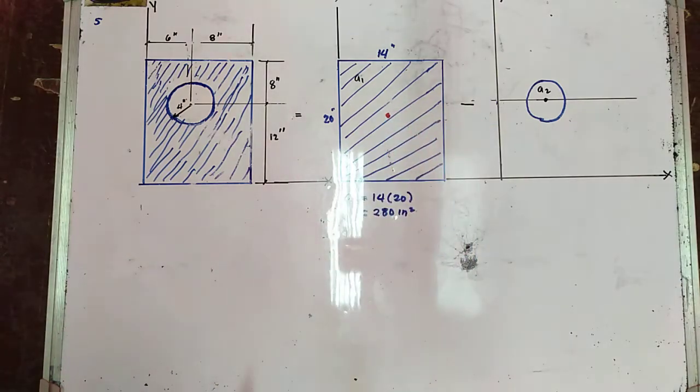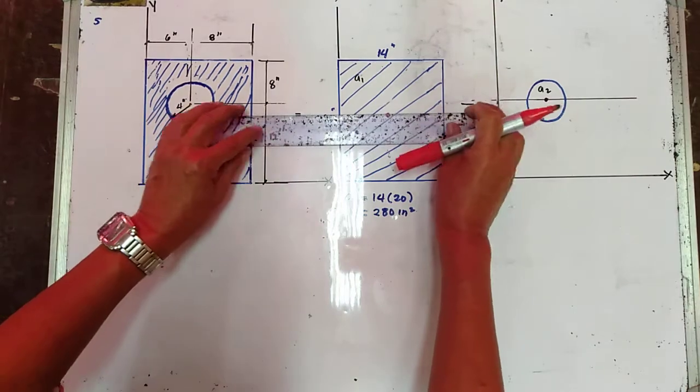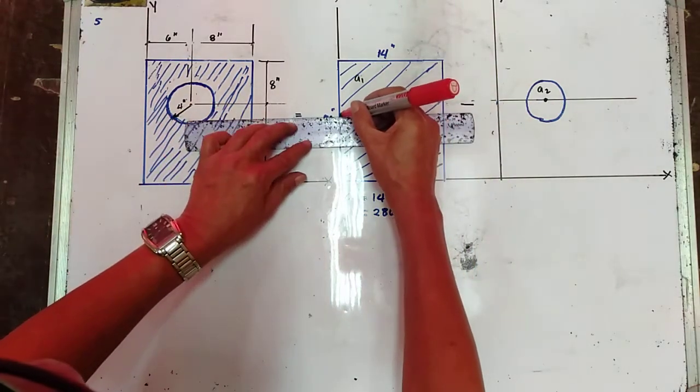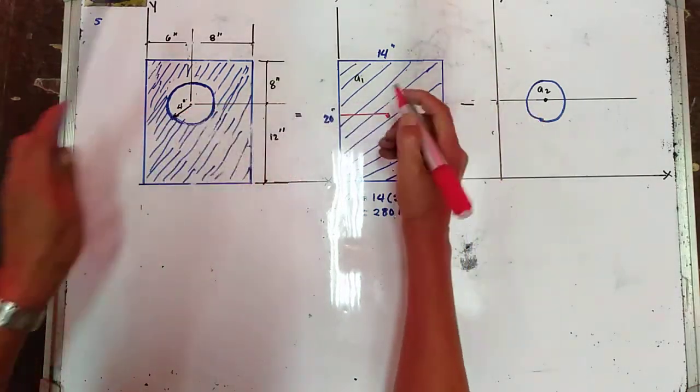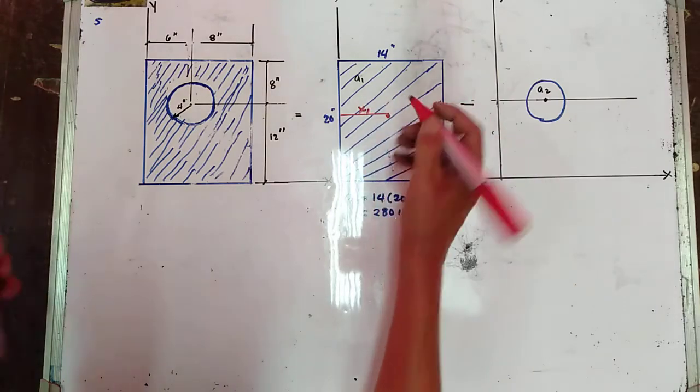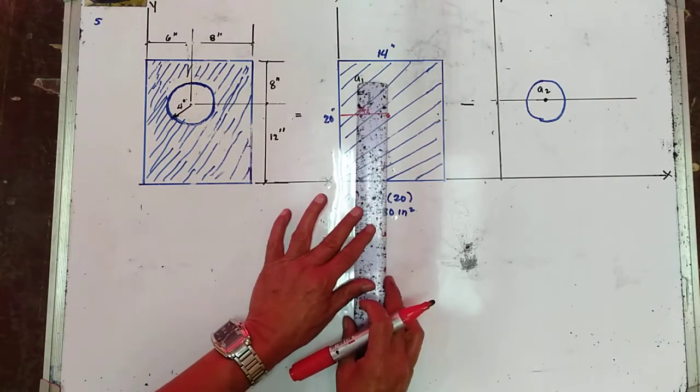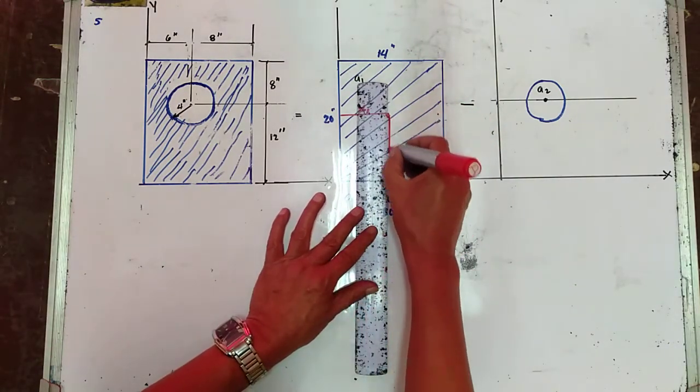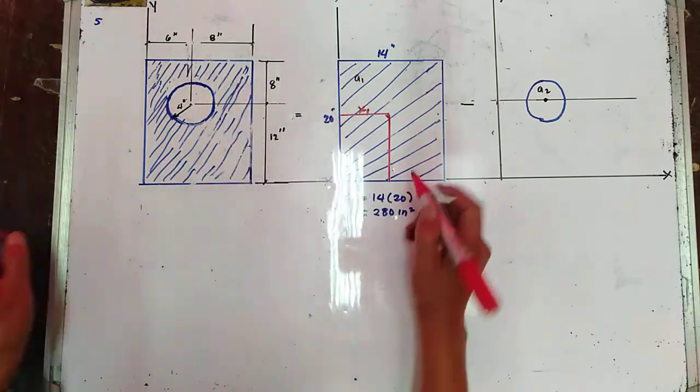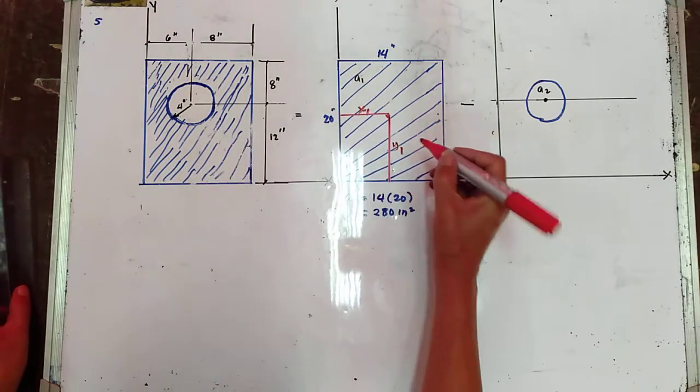So this is now your x1. So we have your x1, and this one is now your y1.